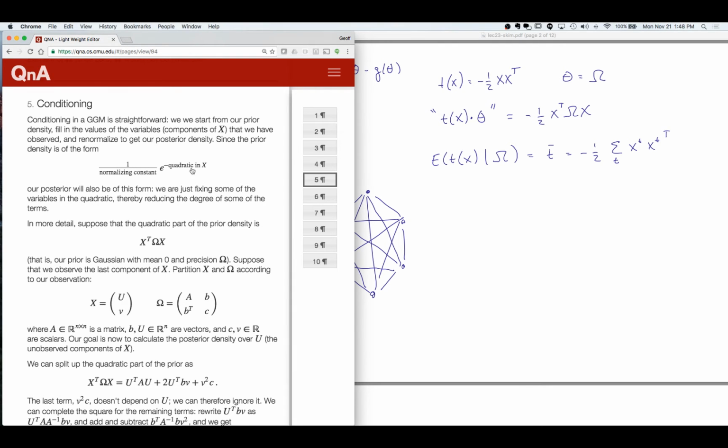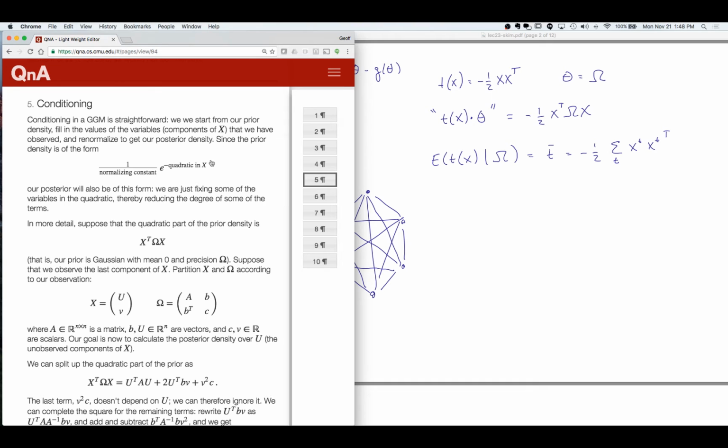Now, because the prior is of the form e to the minus quadratic in x, the posterior is also going to be of that form, because if you fill in some of the variables in the quadratic, all that does is it takes some of the terms in the quadratic and it reduces their degree. It takes second degree terms and turns them into first degree or constant terms, and it takes linear terms and turns them potentially into constant.